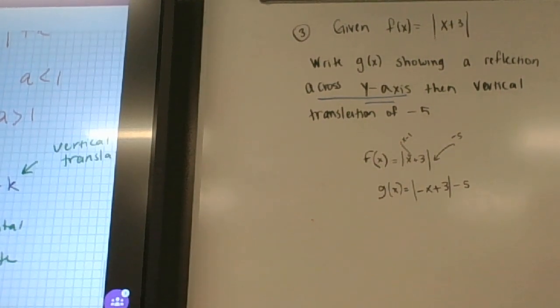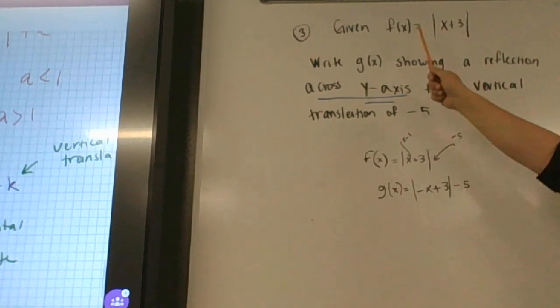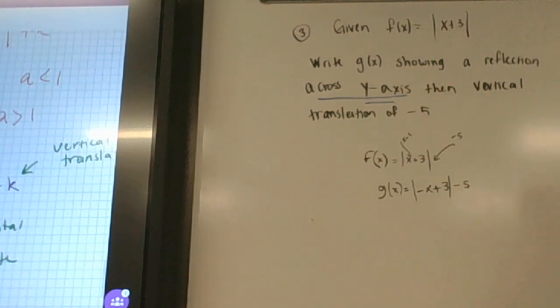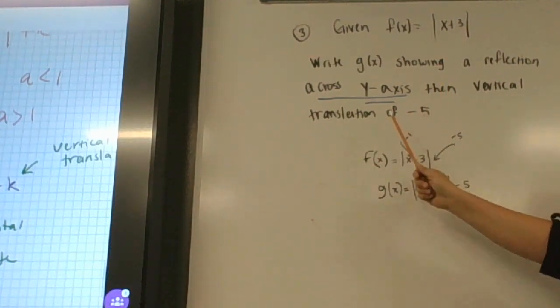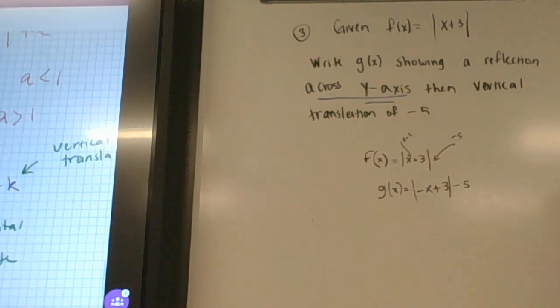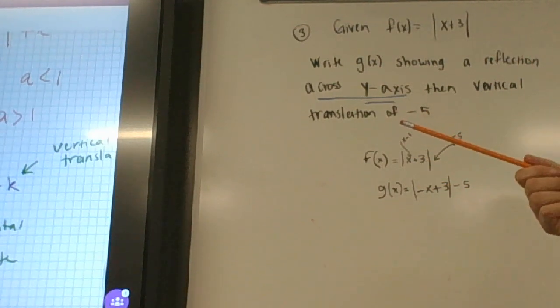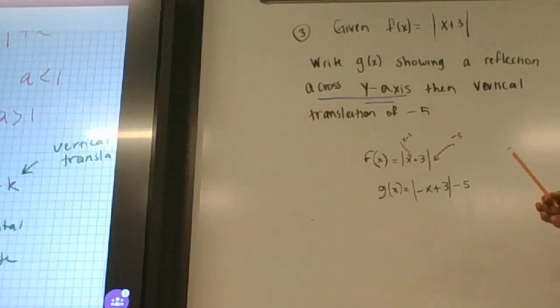All right, here we have an absolute value equation, f of x, and we want to change it to g of x, and we want to show a reflection across the y-axis. So when I look at the bullet points, a reflection across the y-axis multiplies only x by negative 1.